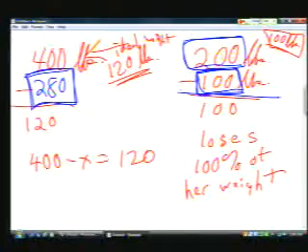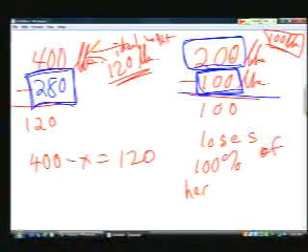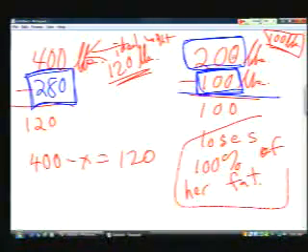In other words, she loses 100% of her fat. I'm just going to simplify it and say that. So she has 100 pounds of fat, and so she loses 100% of her fat. You know what I mean? She was supposed to lose 100 pounds, and she did. She lost all of it.